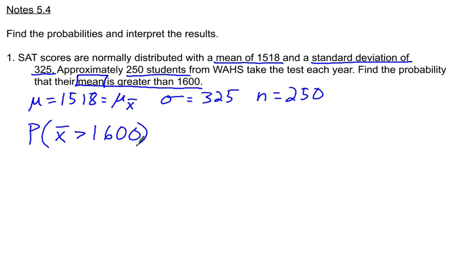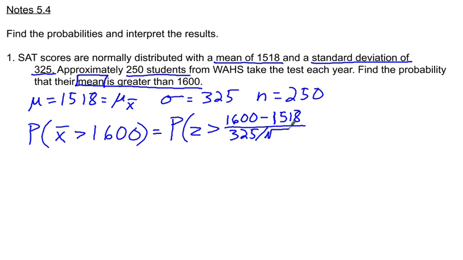Now, if I was going to use our new z-score formula for a sampling distribution, I would convert that to z: the sample mean we're interested in, minus the population mean, or the mean of our sampling distribution, it's the same thing, divided by the standard deviation of the population divided by the square root of 250.